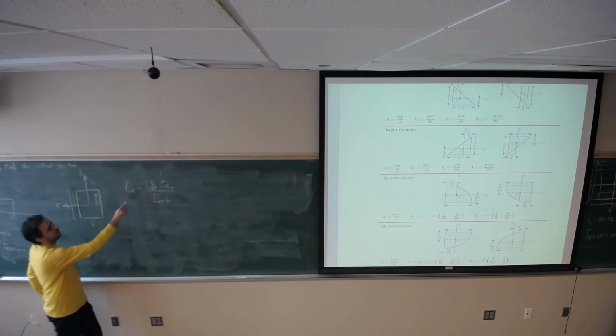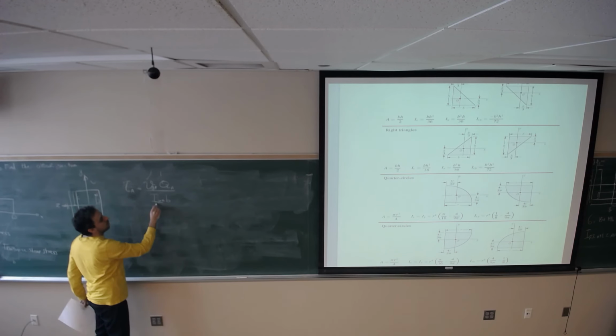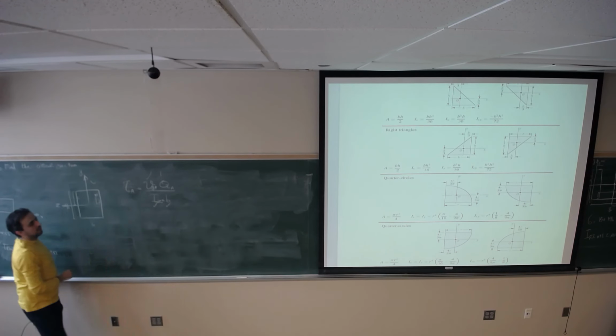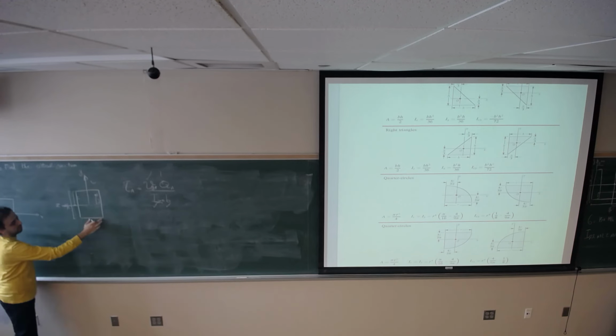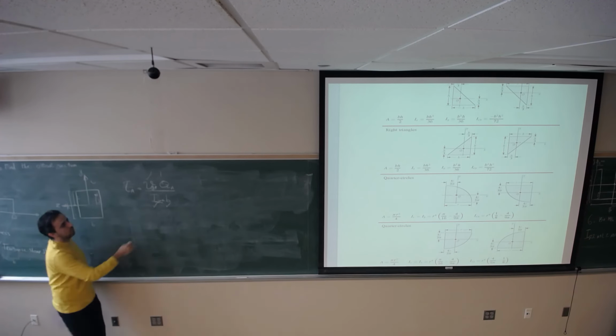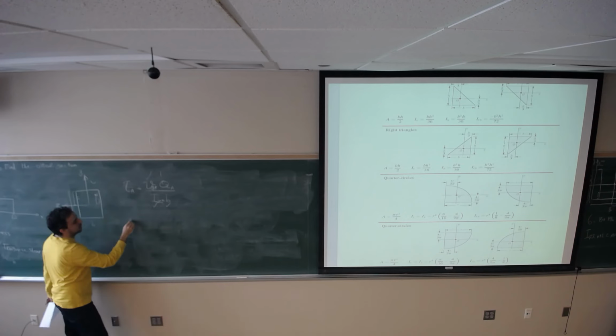So V is given, you know how to find I, the B is the dimension of this length, you know that. The only thing left is Q_A.